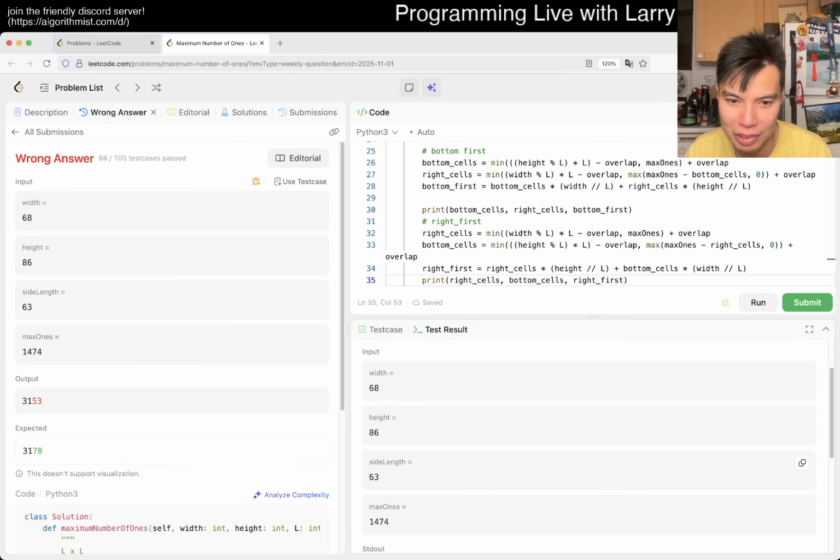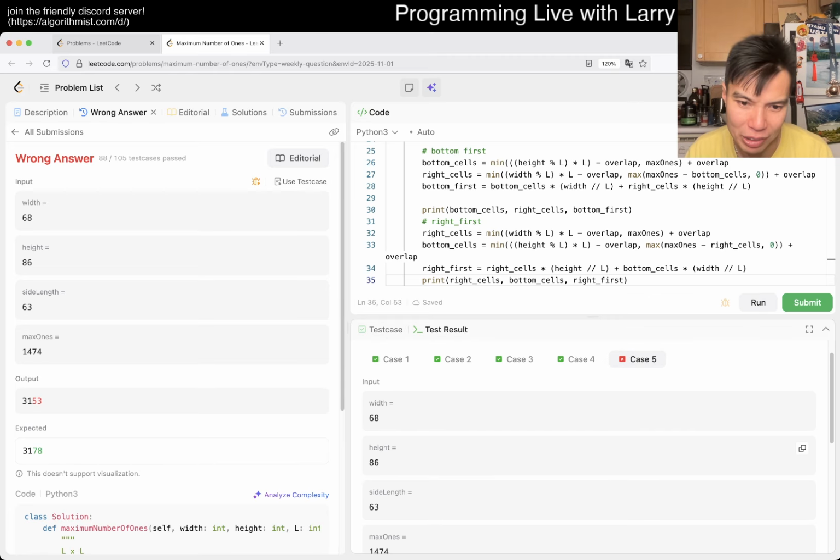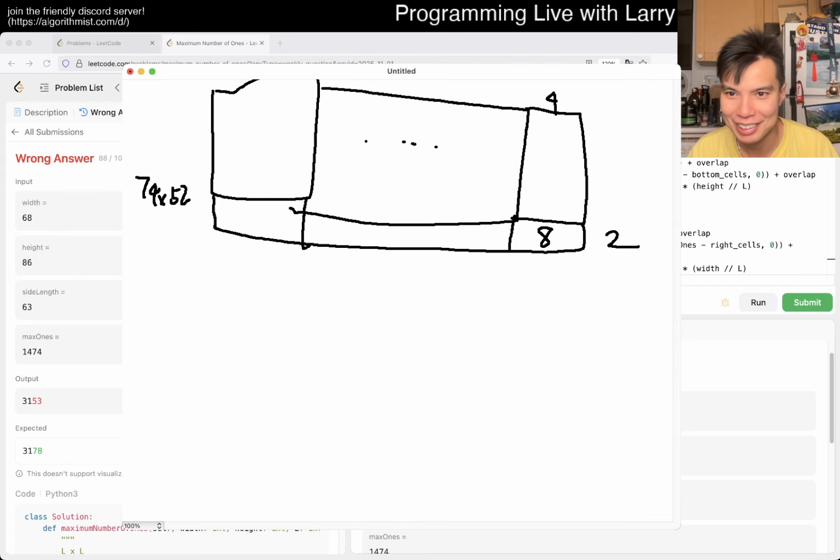Do I really want to do the math? I guess we do. Let's bring back the thing. Sometimes it is what it is. I don't want to do it because I'm lazy, but okay. So now this one you have 68 by 86. L is 63.